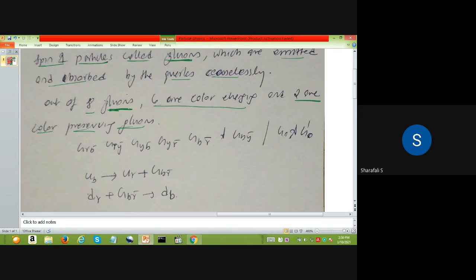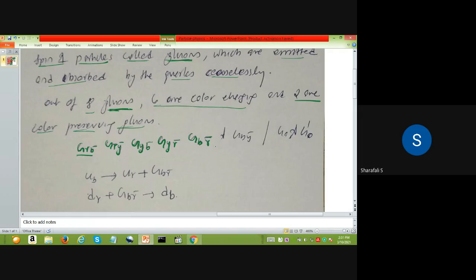In the color changing case, we have the gluon, which we represent as G, with R B bar. This is a color changing gluon. Or we can have a gluon with R Y bar, then a gluon with Y B bar, a gluon with Y R bar, then a gluon with B R bar.